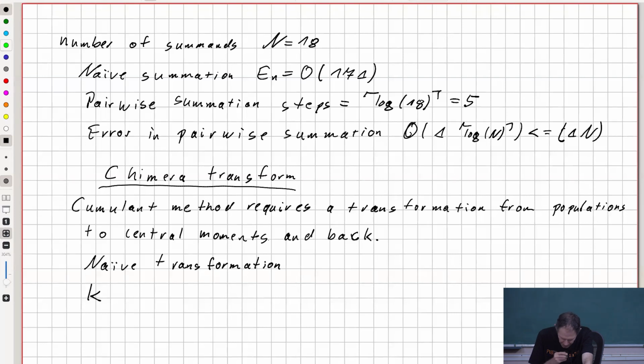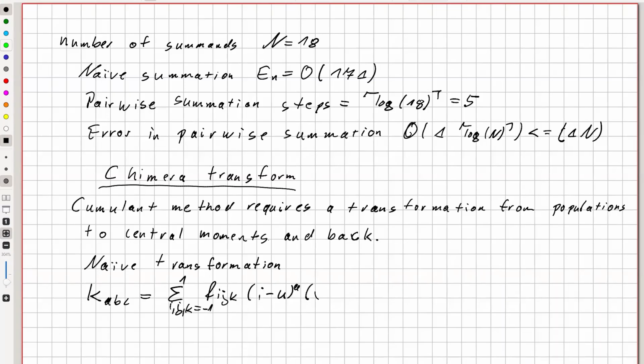So we compute our central moments K_abc as the sum over i, j, and k equal to minus 1 to 1 of f_ijk times (i minus u) to the power of a, (j minus v) to the power of b, and (k minus w) to the power of c, which means we have 27 populations and 27 moments.